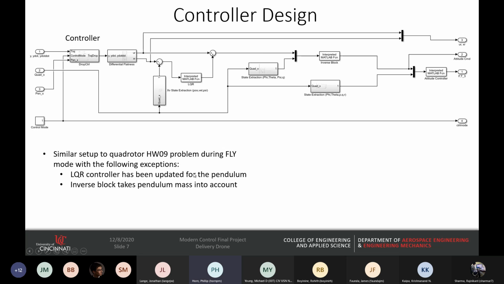The one thing that we did add and change during the trajectory tracking mode is the LQR controller has been updated to account for the pendulum, and the inverse block now takes the pendulum mass into account. So those are the big changes with regard to the controller of the quadrotor during trajectory tracking.